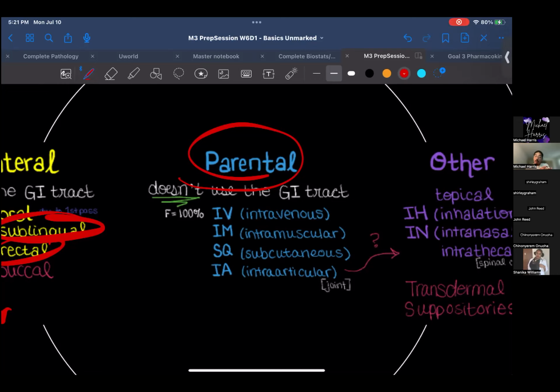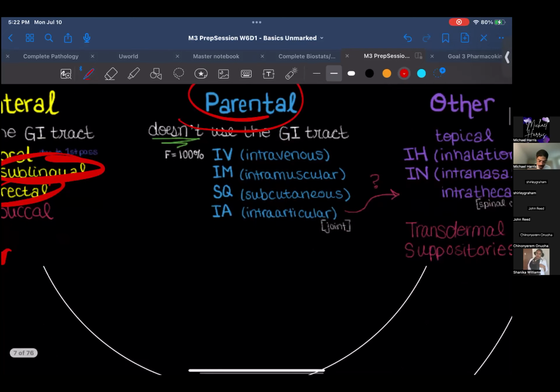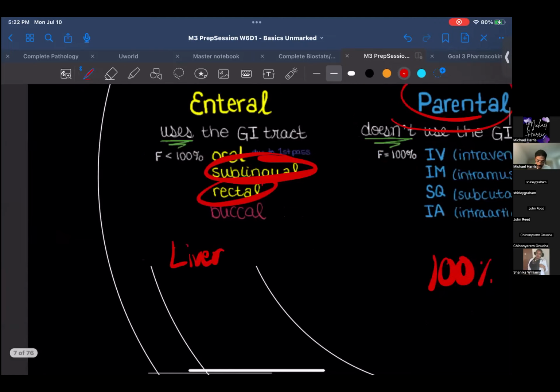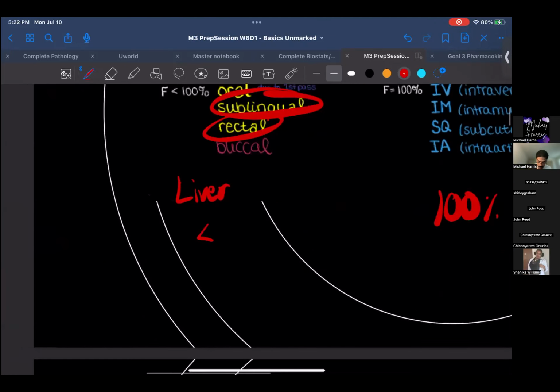As a result, the bioavailability, how much of the drug is in the systemic circulation, is always 100%. Does that make sense? Okay, great. So it's always 100%, versus enteral, which is always less than 100%.